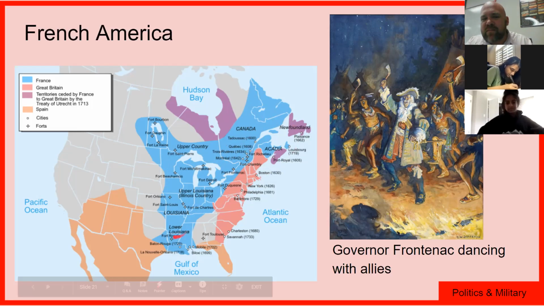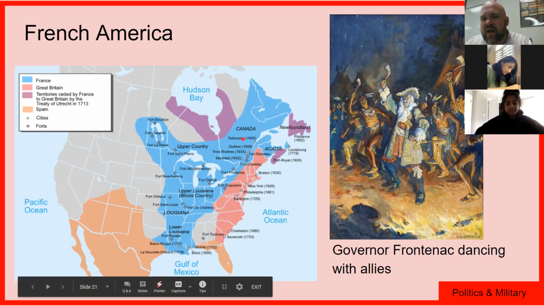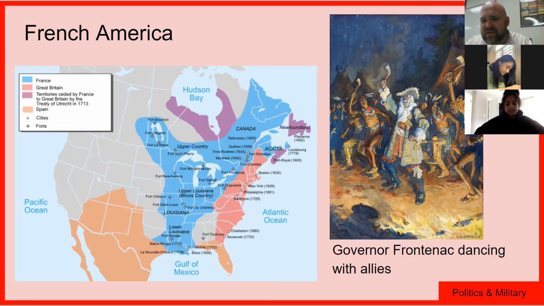What they do is they basically just move through this whole area and they make friends with the natives. They ally with the natives up and down the whole area. We have a few battles, but not very many. The French just aren't interested in that kind of thing.